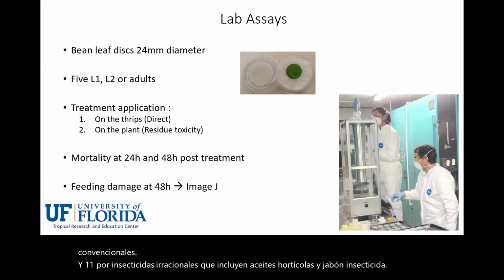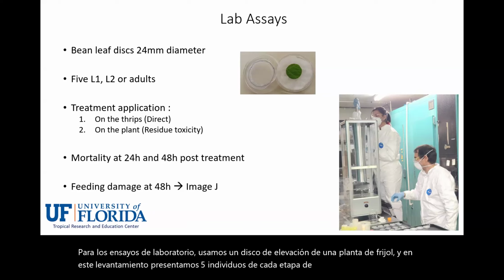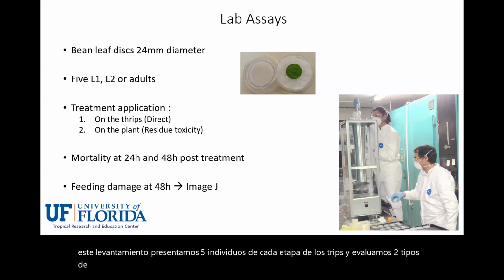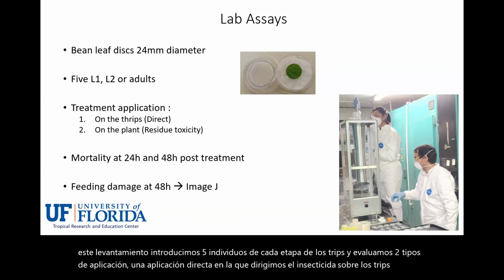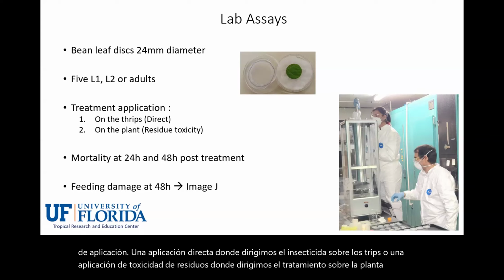For the lab assays, we used a leaf disc from a bean plant, and on this leaf disc we introduced 5 individuals from either stage of the thrips, and we evaluated 2 application types. A direct application where we directed the insecticide on the thrips, or a residue toxicity application where we directed the treatment on the plant and then we released the thrips.